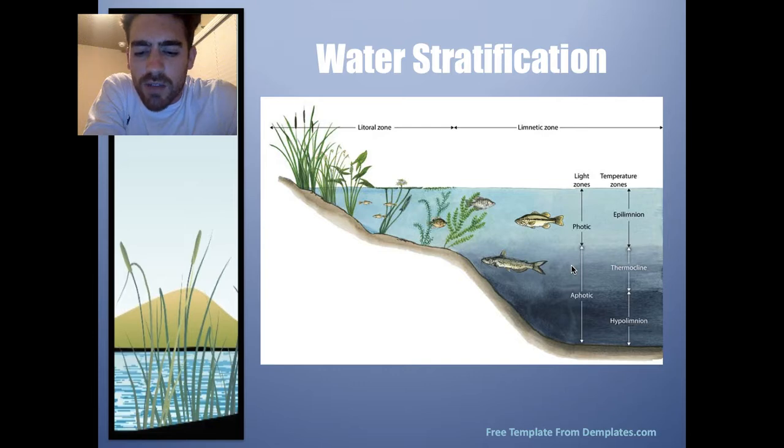Decomposition requires oxygen to take place, but the oxygen-rich environment up top, where the light penetrates and things grow and oxygen's produced, is in the epilimnion. So the closer you get to this border, the thermocline, the cooler the water is and the more comfortable the fish are.